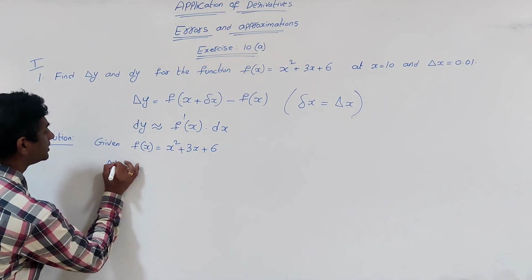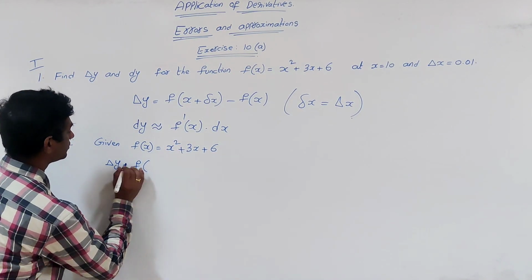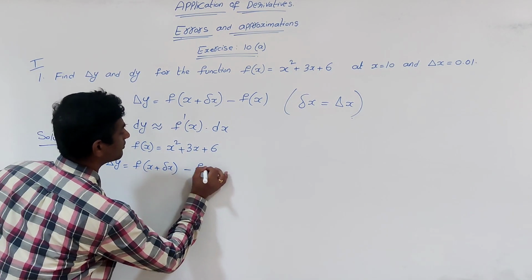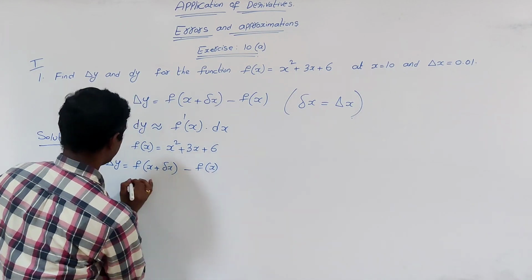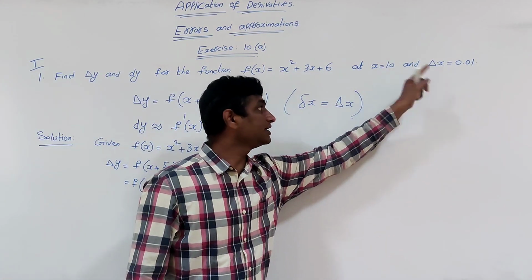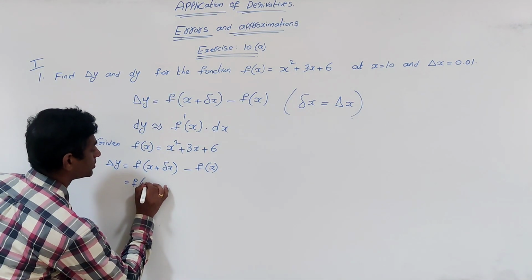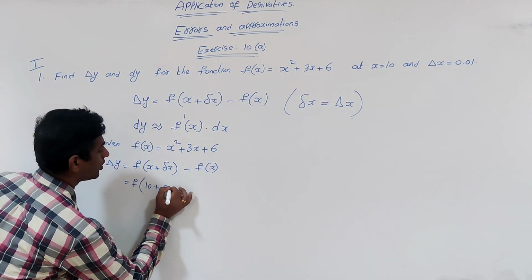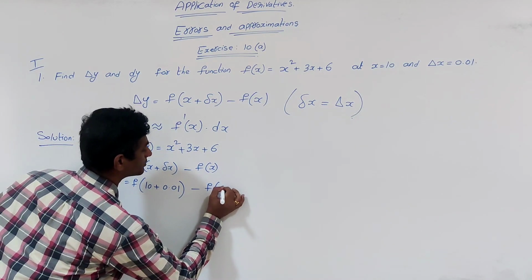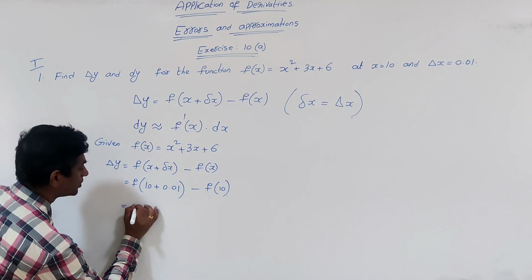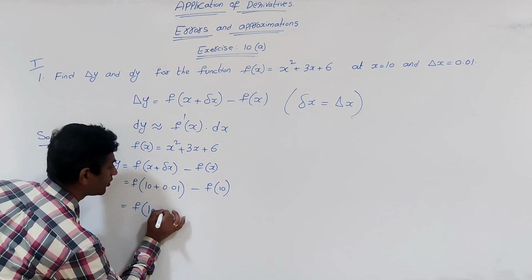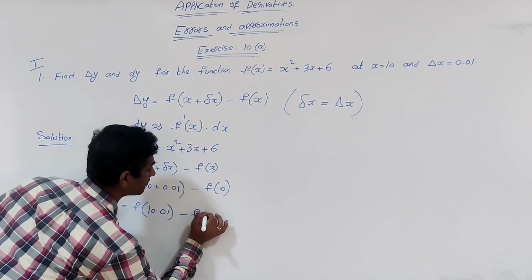Now delta y is equal to f of x plus delta x minus f of x, which is f of 10 plus 0.01 minus f of 10. So f of 10 plus 0.01 gives f of 10.01 minus f of 10.